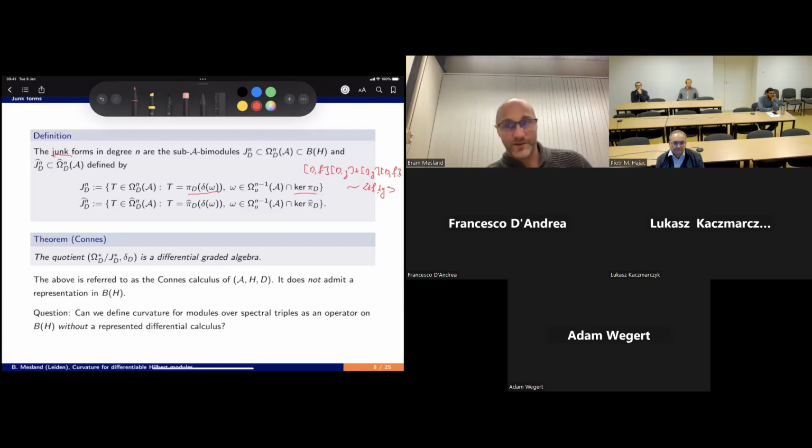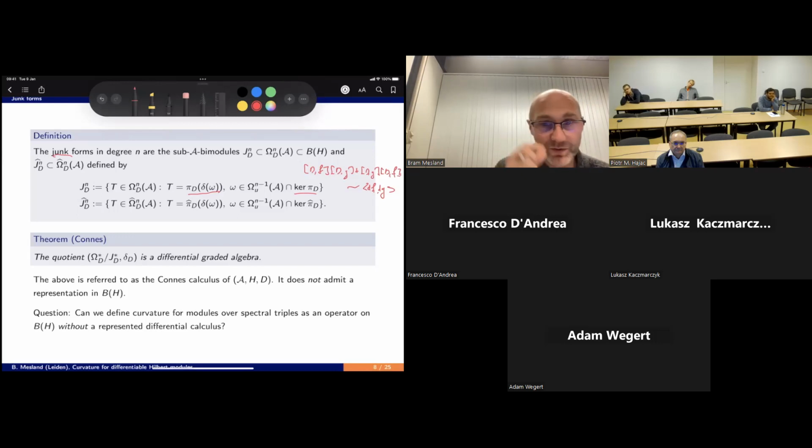So this is a way to get from a spectral triple a differential graded algebra. What do you do? You get rid of your junk, which is what the name suggests you would want to do with it. Now, in this talk, I'm going to take a different route and keep the junk.